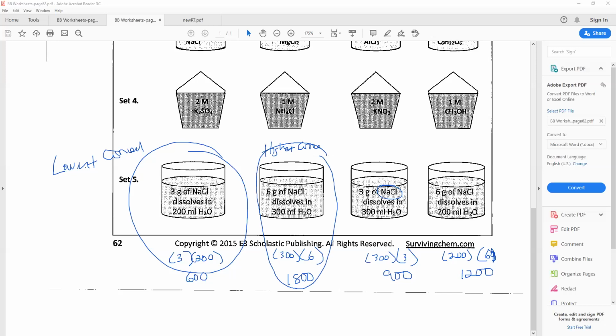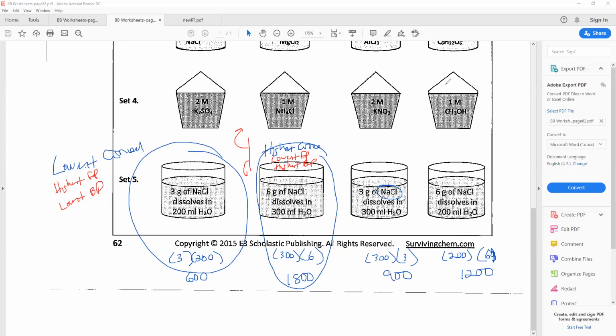Okay. So we're going to see which one has the highest concentration, this one. So therefore, it has the lowest freezing point and the highest boiling point. And this is going to be the reverse. It's going to have the highest freezing point and the lowest boiling point.